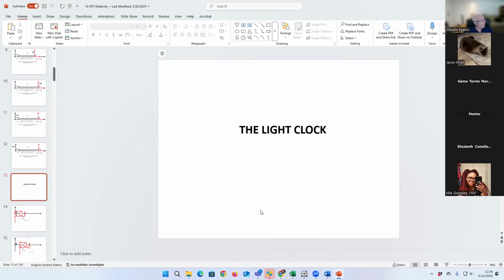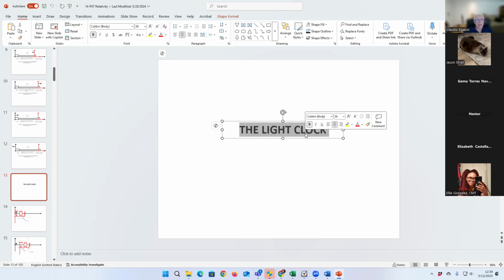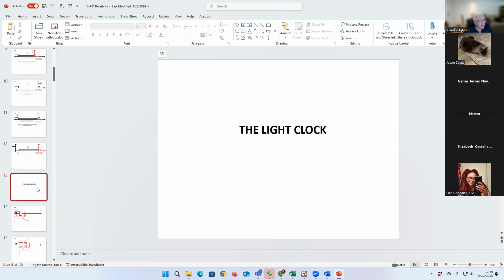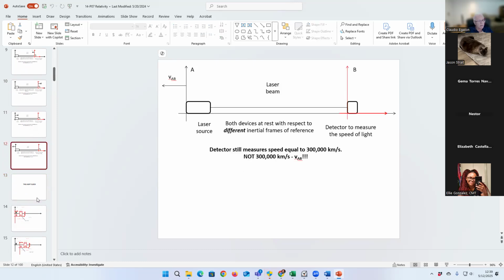Those are the two postulates that you have to keep in mind. Let it sink in. Start to believe this one is correct. It seems counterintuitive, even for the scientists at the time, because they were thinking in terms of Newtonian mechanics. What they discovered later on is that Newtonian mechanics doesn't always apply.